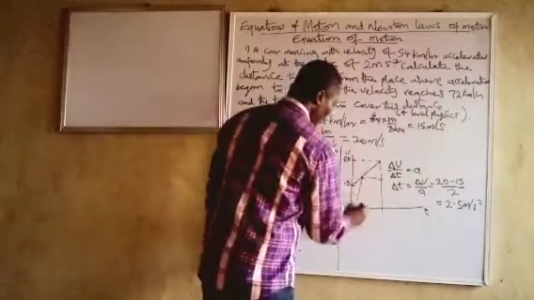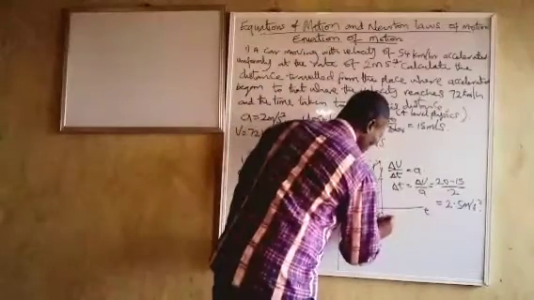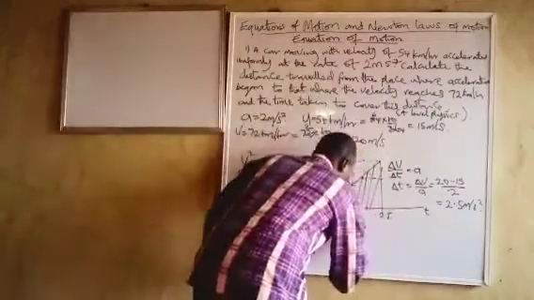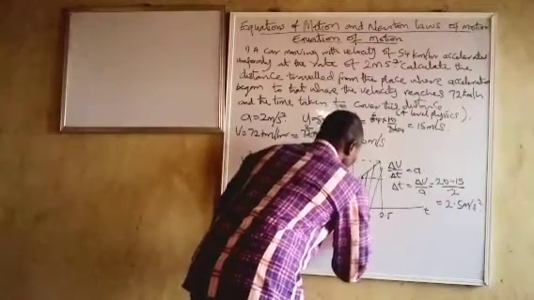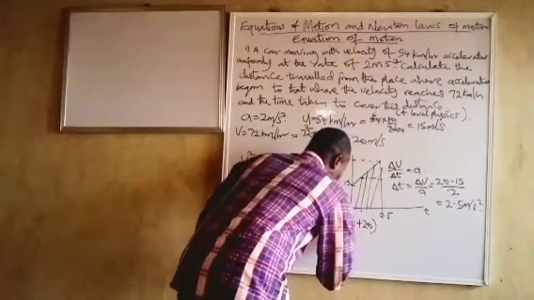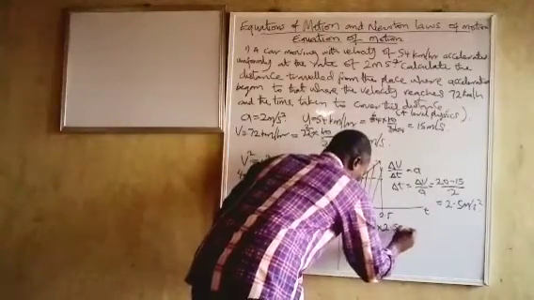Now the area is what you are looking for now. You have known that this place is 2.5. What is our area? Our area is going to be 15 plus 20 over 2 times 2.5. What does that give us?